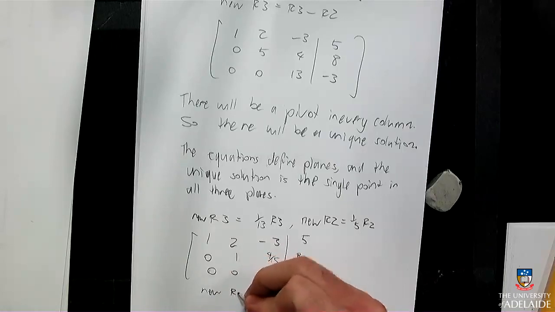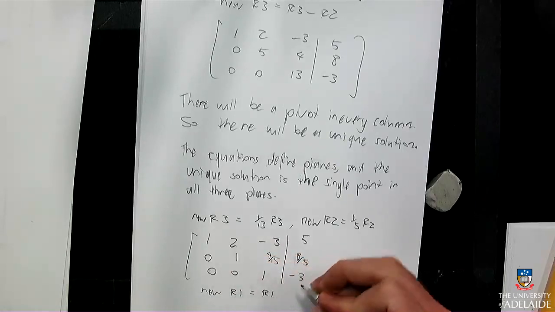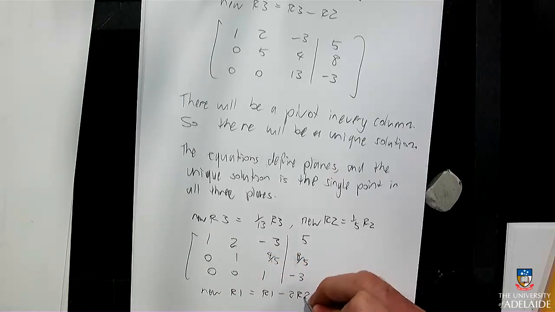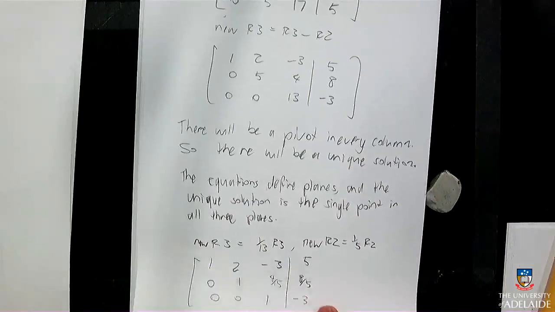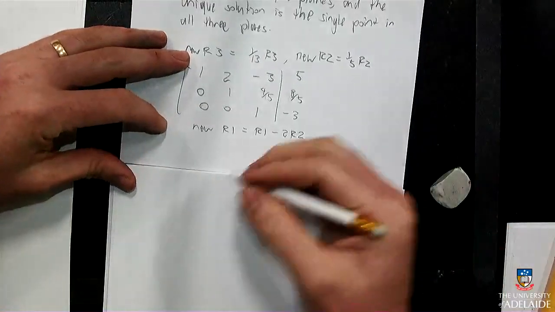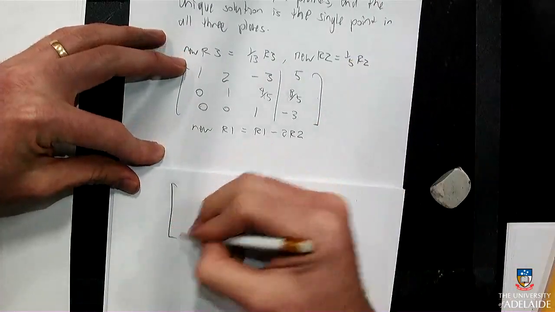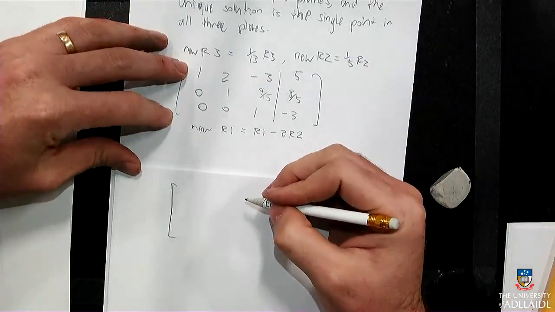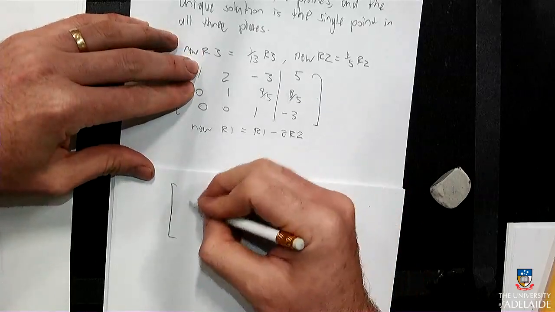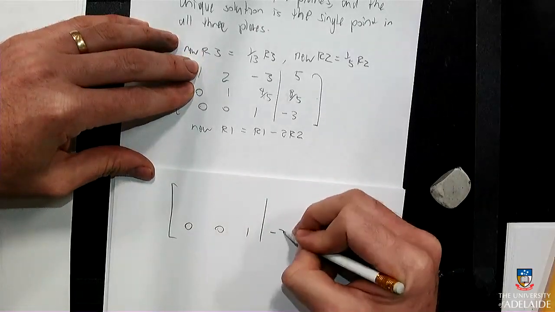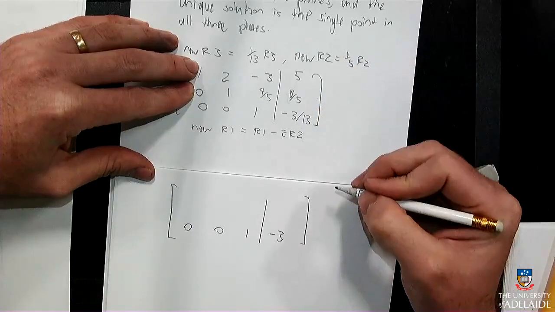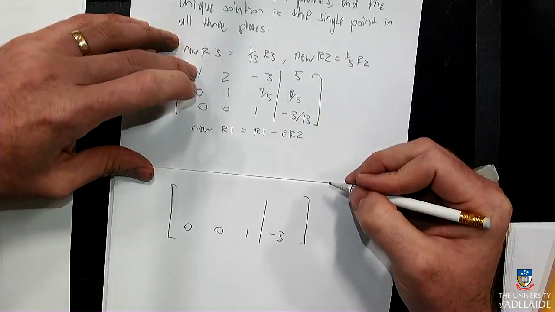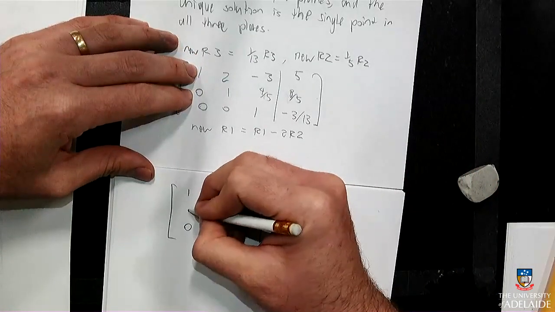So let's see. My new row 1 is going to be row 1 minus 2 lots of row 2. So 1 minus 2 of this, and I didn't change row 3. Whoa, minus 3 on 13. Whew, that would have been a disaster.